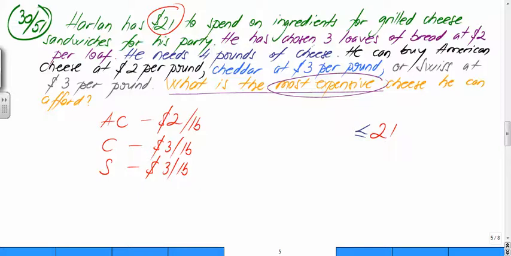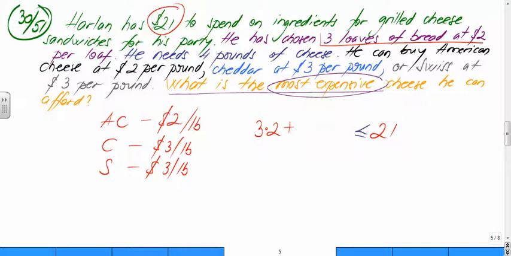Besides that, a necessary required expense here will be the 3 loaves of bread at $2 per loaf. So we're talking about 3 times 2, 3 breads times $2. That's definitely going to be part of the cost. Now to this one, I need to add the cheese cost.